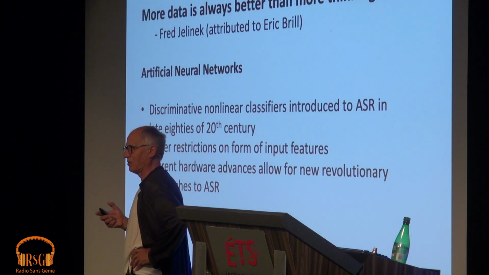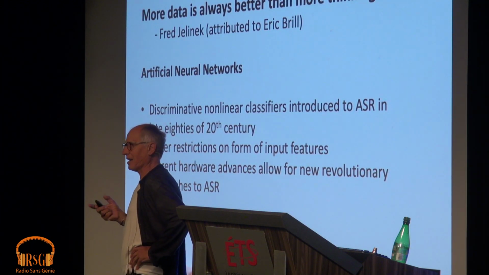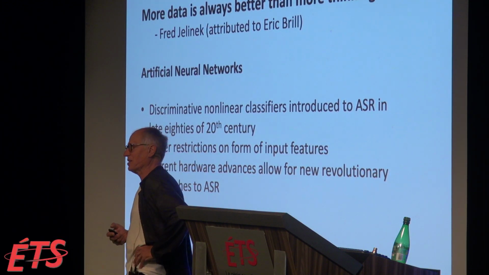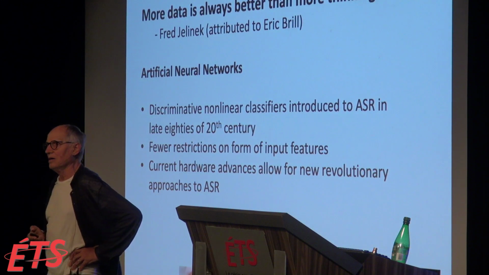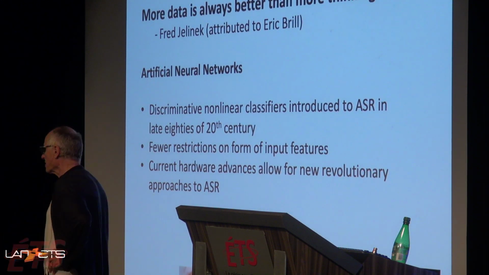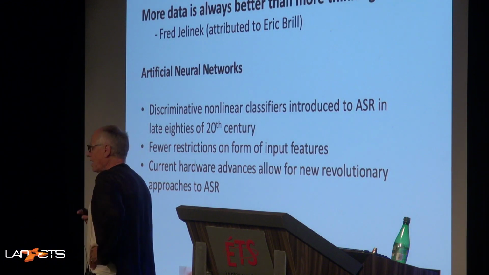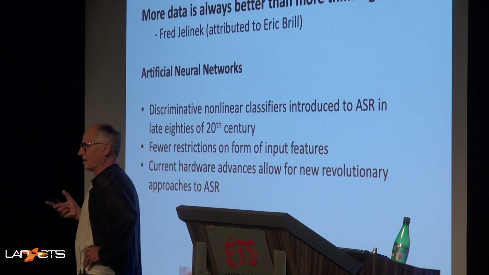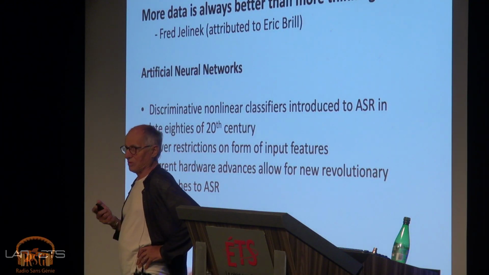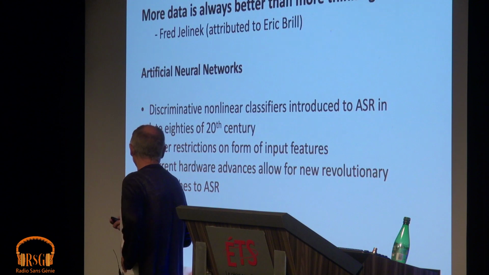I don't know to what extent you guys realize what kind of advantage it is. We remember when we were using Gaussian classifiers, we always had to worry that features had to be normally distributed and decorrelated and so on. Neural nets don't need that. And current advances of the neural nets actually allow for very new and revolutionary approaches to speech processing.